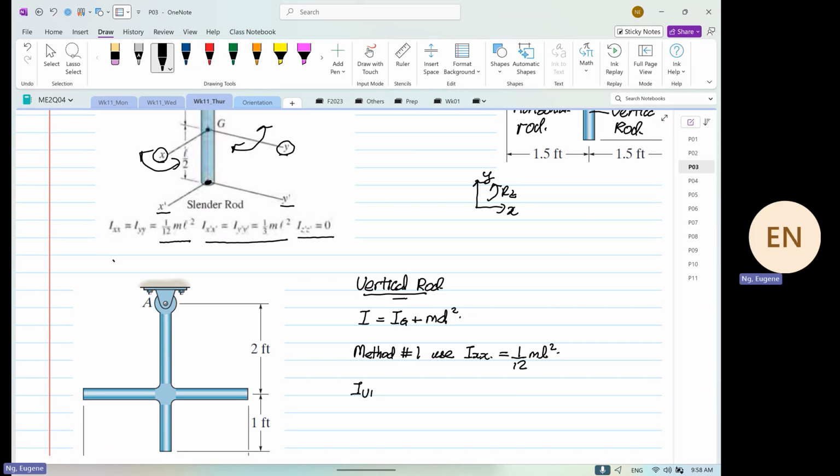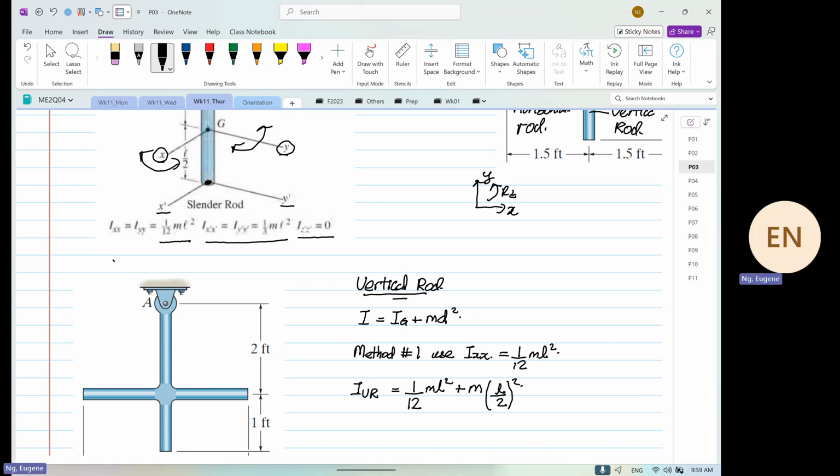So I for the vertical rod, VR, will be equal to 1/12 ML squared, plus the mass multiplied by D, which is equal to L/2, and then we square.